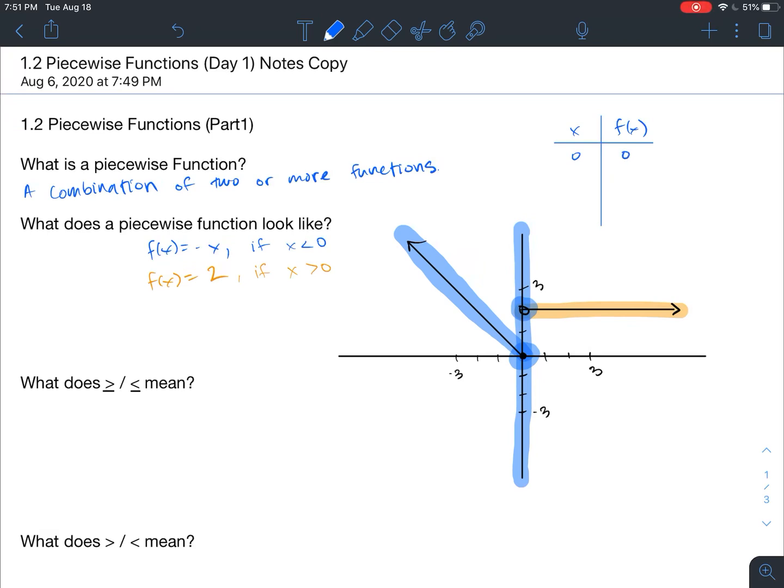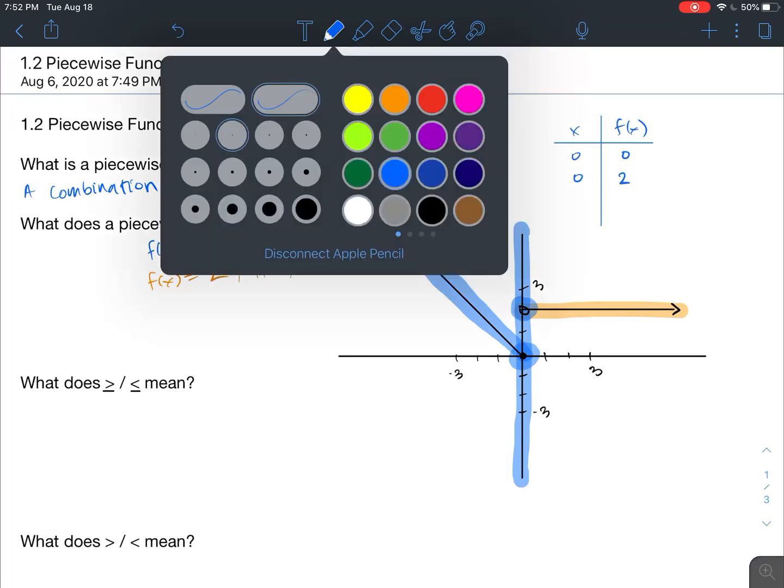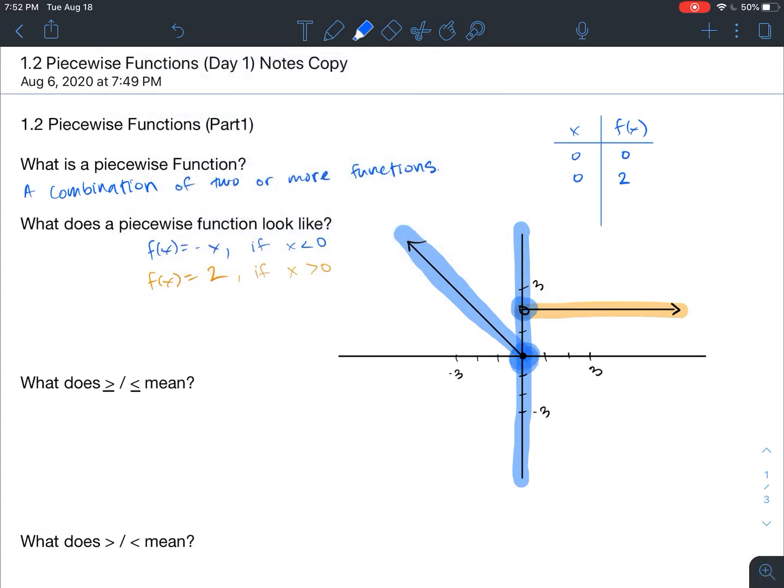If I plugged it into another equation, I would get at x equals 0, f of x equals 2. So right here, f of x is equal to 0 when x is 0, and right there, f of x is equal to 2 when x is 0.